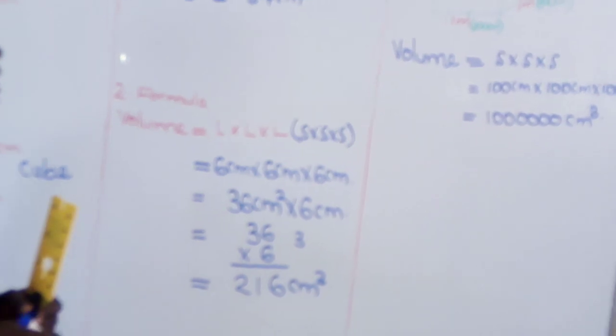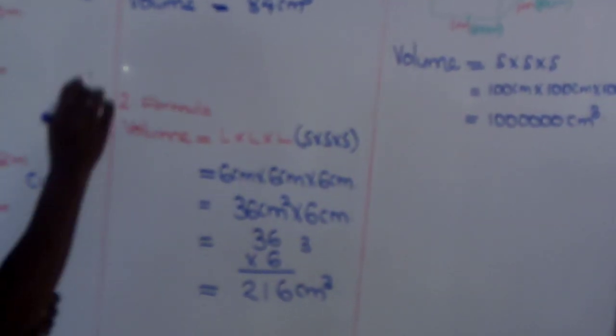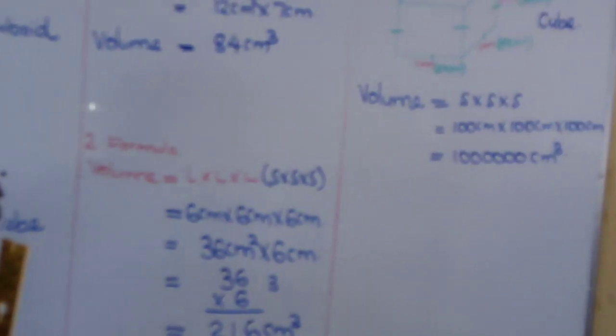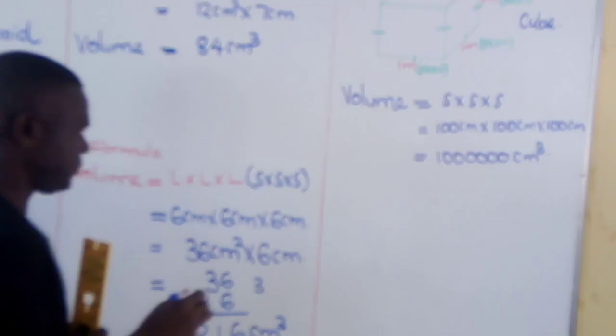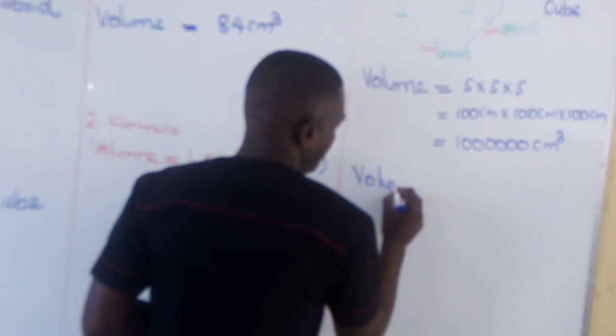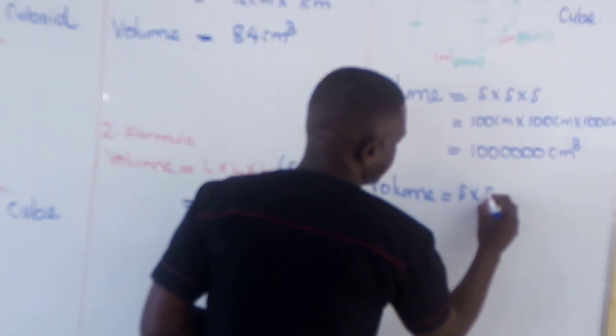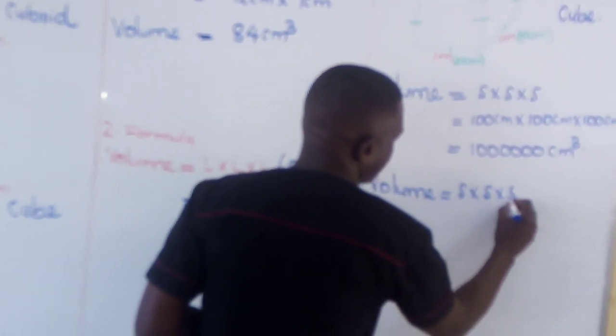Boys and girls, let us find the volume of the same cube in cubic meters. Again, volume will be equal to side times side times side.